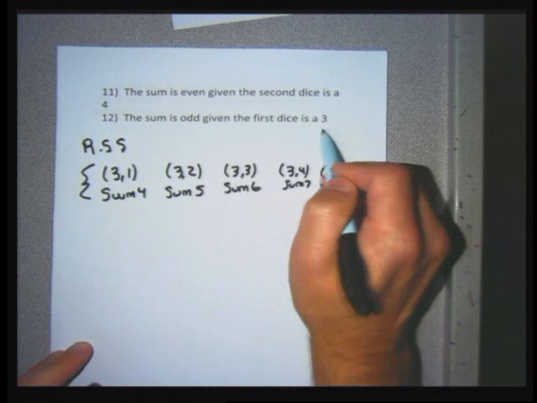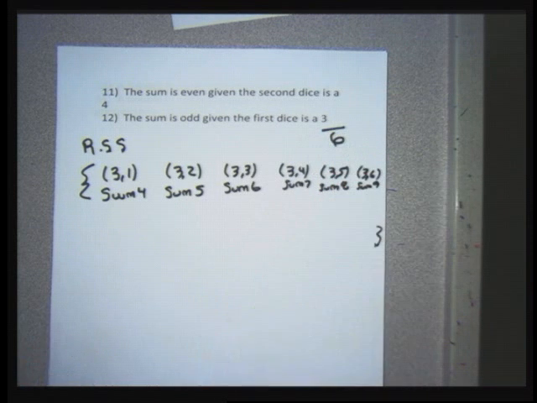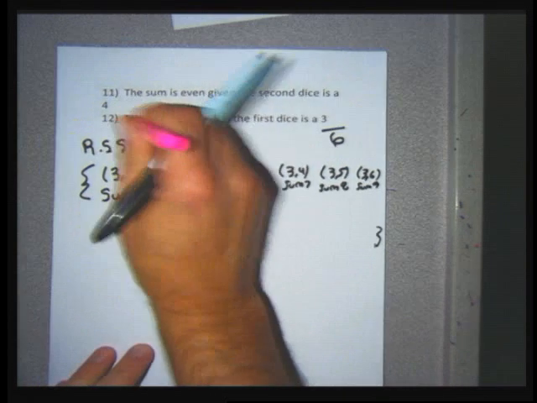So my denominator has to be 6 because there are 6 elements in my reduced sample space. Now I'm going to find the ones that have a sum that is odd.